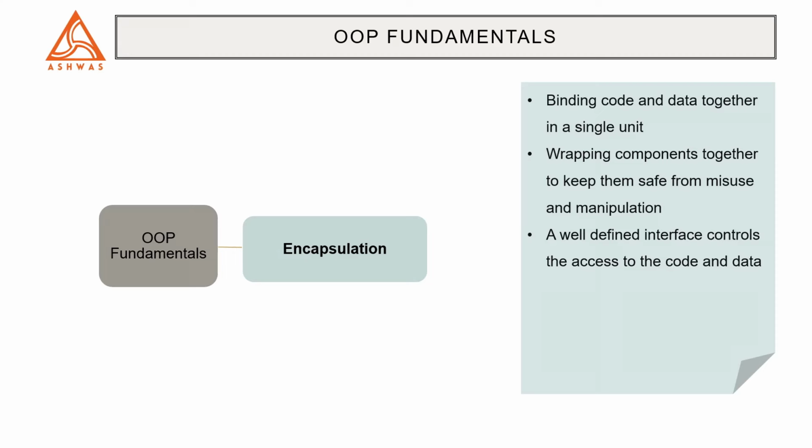Encapsulation gives you a well-defined interface which controls the access to the code and to the data within the wrapper. In Java, encapsulation is implemented first at the class level, the moment you create a class, and within the class, it is implemented by using the private access modifier for the instance variables and giving public getter setter methods for the same instance variables.